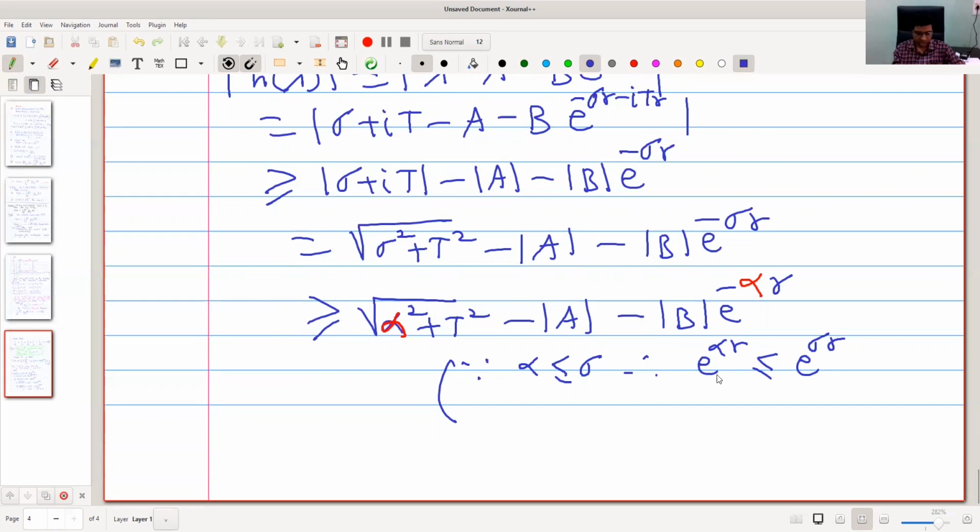And therefore you must have e raised to minus alpha r greater equal e raised to minus sigma r. That means we are taking inverse, 1 upon thing. So e raised to minus alpha r means 1 upon e raised to alpha r, so the inequality will change in this case.